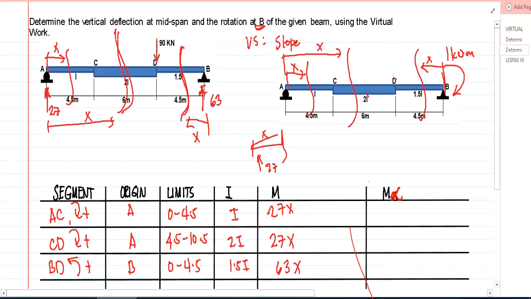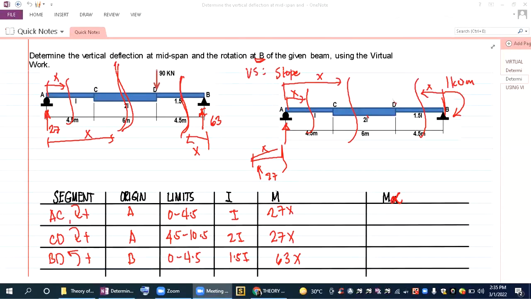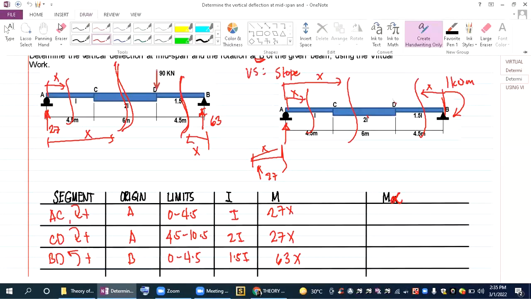Okay? For A, tignan natin dito. Okay? Before we take our moment here, we have to solve first our reaction. Nakalimutan natin yung reaction. Okay? So kindly solve for the reaction of our virtual system for the slope. Reaction pala muna. Ano yung reaction natin sa A?